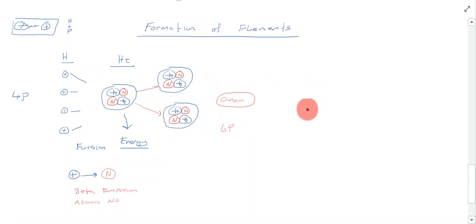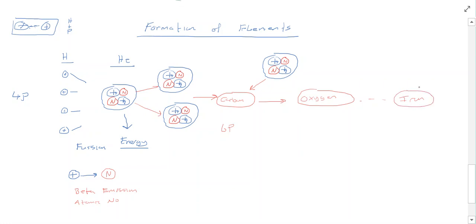And then if we take another helium nucleus and fuse this with carbon, you'll end up with oxygen. And then this process will continue on until you end up with iron.